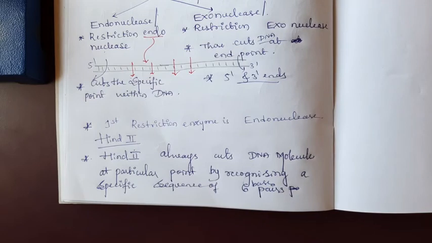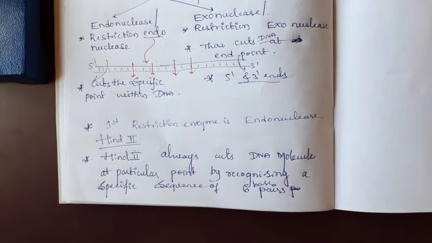Then we discussed HindII, a molecular scissor, the first one isolated from E. coli bacteria, which cuts specific sequences of 6 base pairs. We can measure DNA with the help of base pairs; they are nothing but the nitrogenous bases present on the DNA.